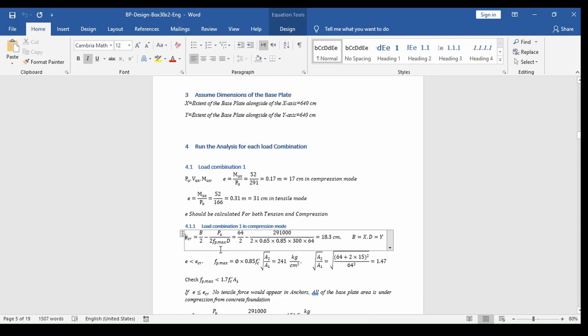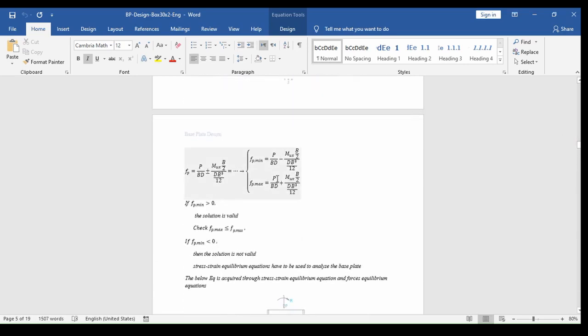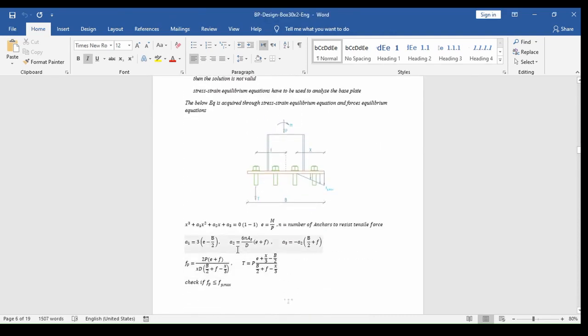You first check eccentricity with ESCR, and if E is bigger than ESCR, we go through another solution, and if that solution is not valid either, we go through another solution which uses strain equilibrium equations. So we have these equations here, and then equilibrium equations here as well.